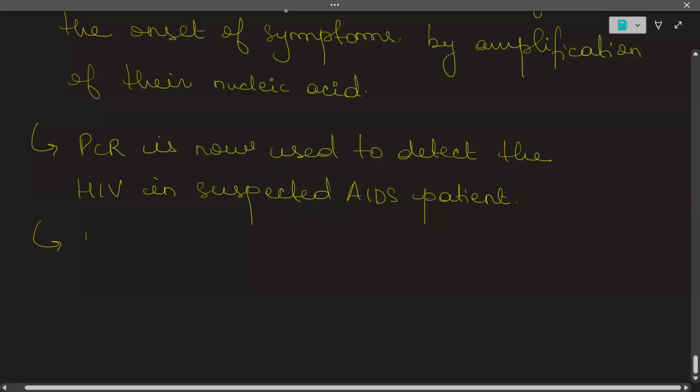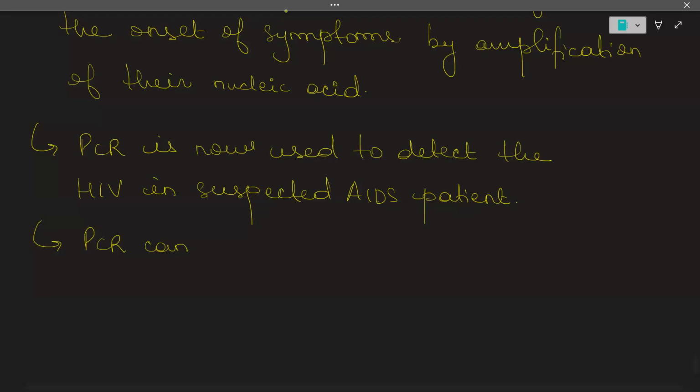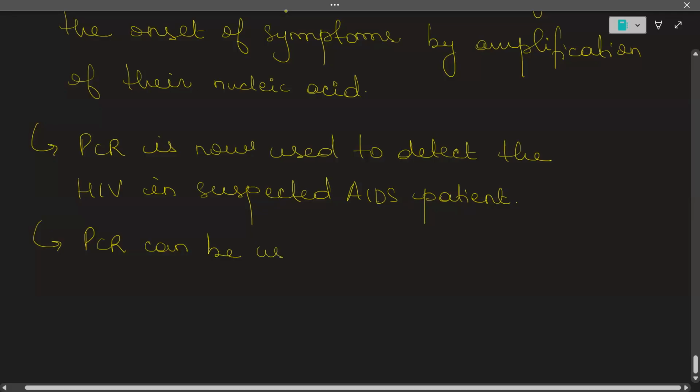Now, apart from that, one more unique thing is that the PCR can also be used to detect mutation in the genes, particularly for cancer patients. So, PCR can be used to detect mutations in genes in cancer patients.